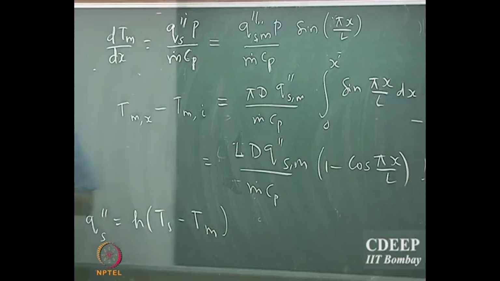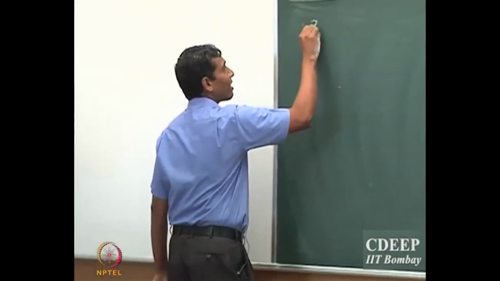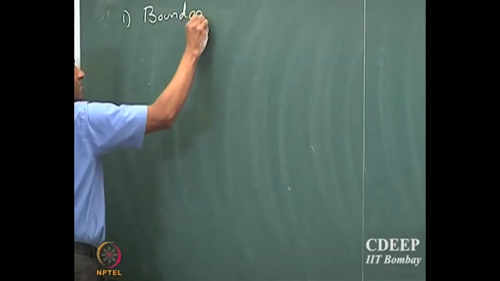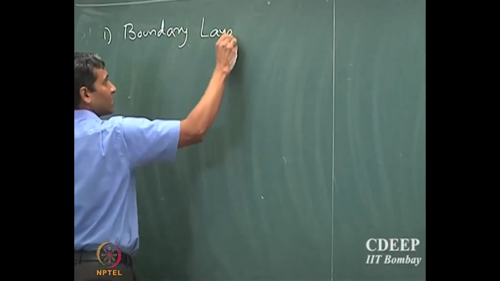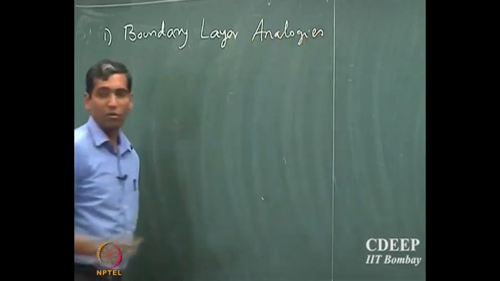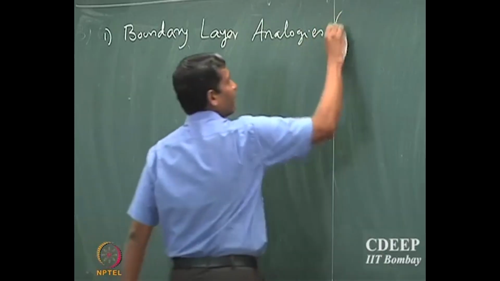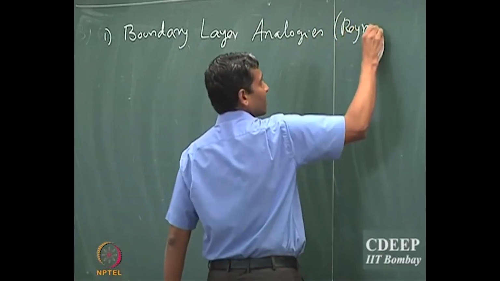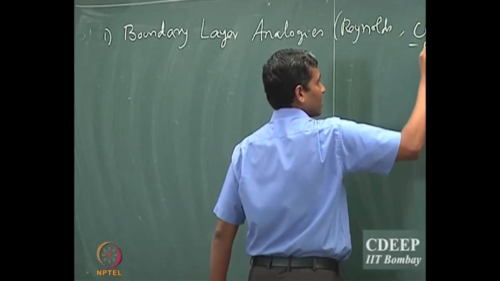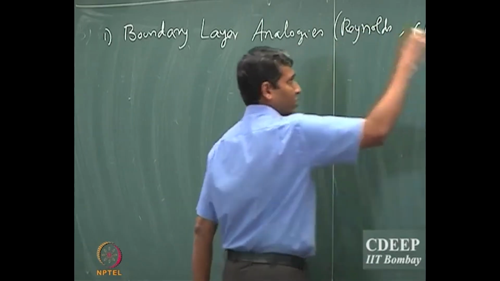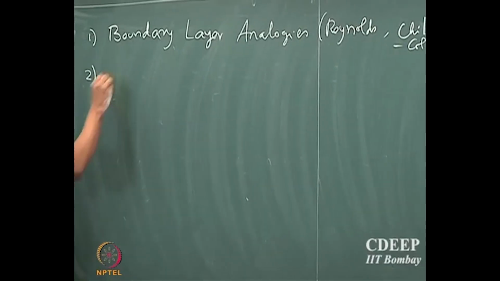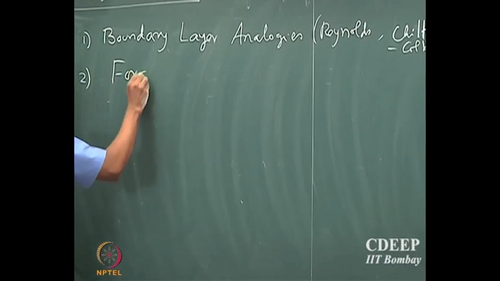So, what we have looked at so far is, first, we started with the boundary layer analogies. We looked at the Reynolds and Chilton-Colburn analogy, which is also called the modified Reynolds analogy. With that we moved on to forced convection.